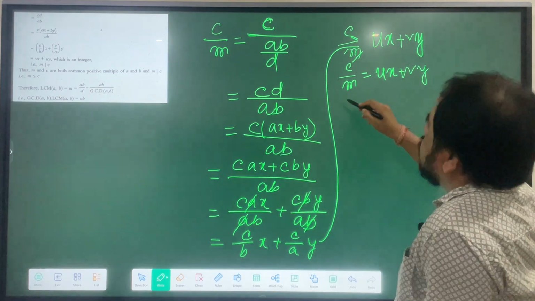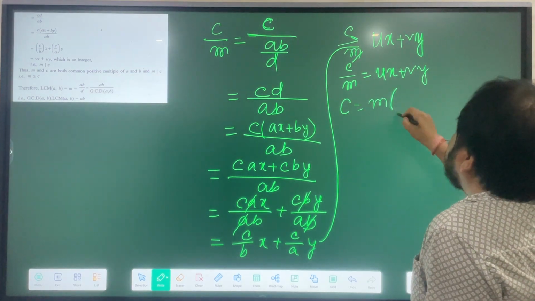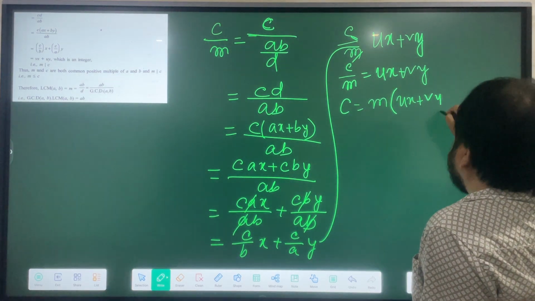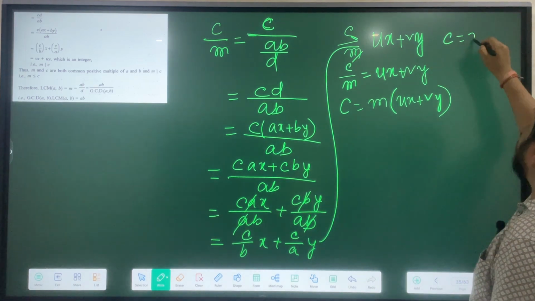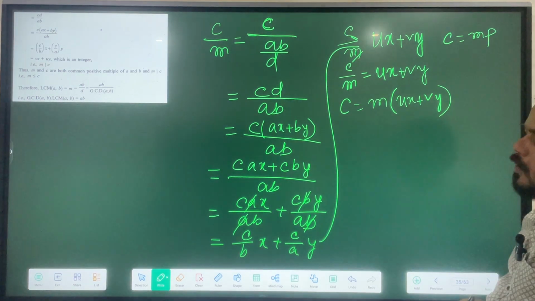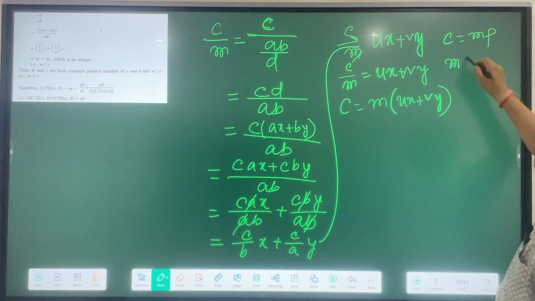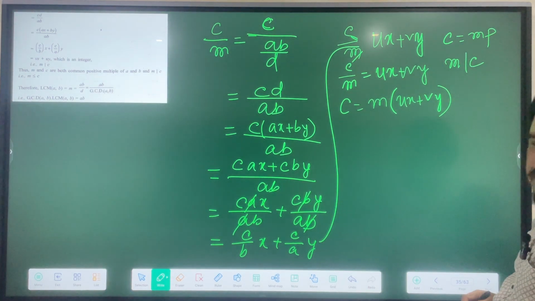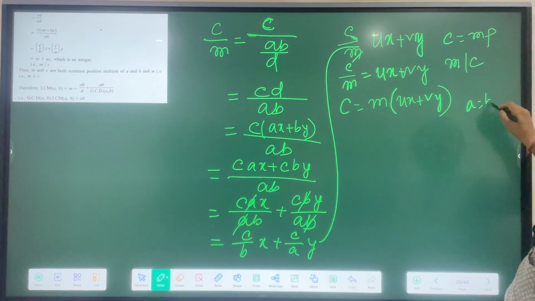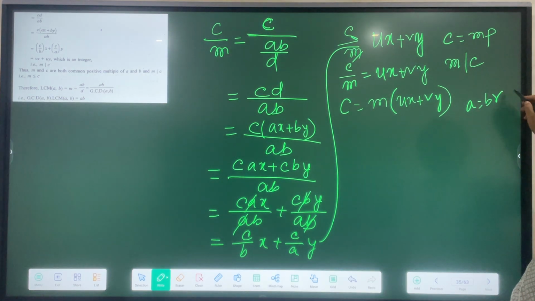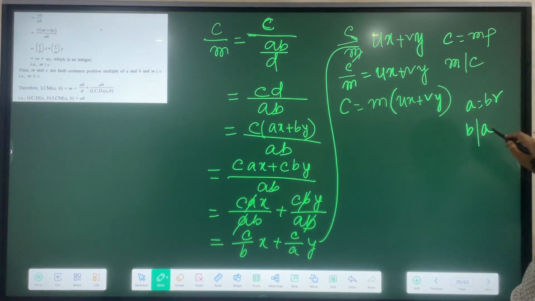Okay. So C is equal to M into something. Suppose C equals MP, then M divides C. Is it not? If A equals BR, then B divides A, which you got already.